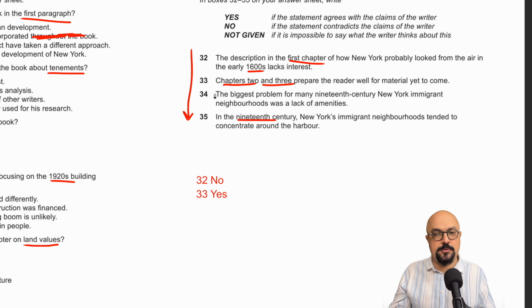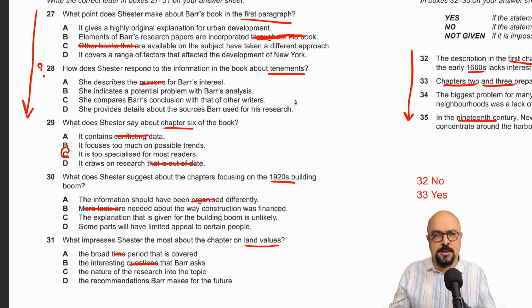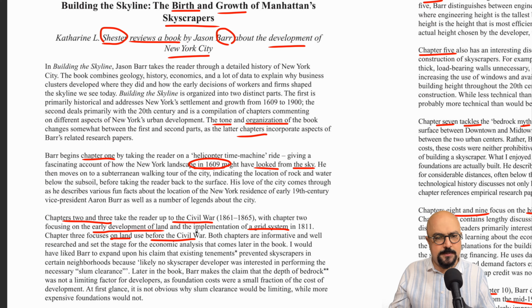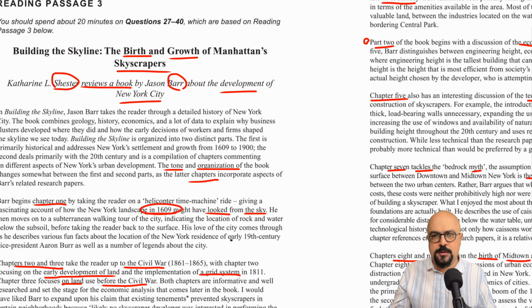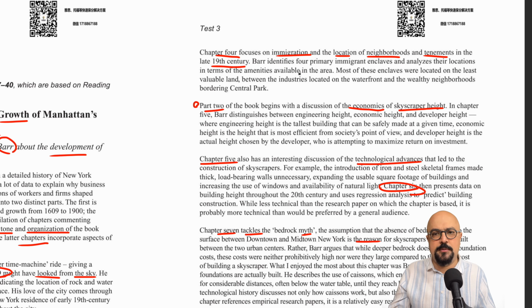35. Okay, we can go to 34 or 35. The biggest problem for many 19th century New York immigrant neighborhoods was a lack of amenities. 19th century. Lack of amenities. The biggest problem. Immigrant neighborhoods. I remember something about immigrants. Yeah, immigration. Lack of amenities.